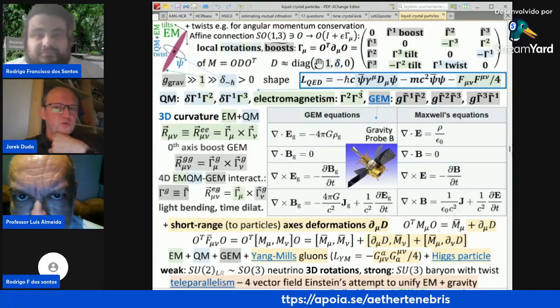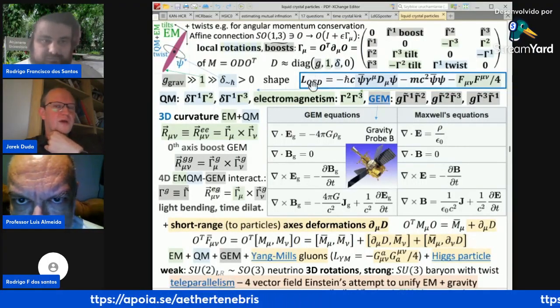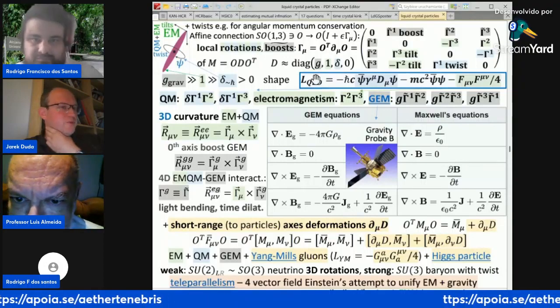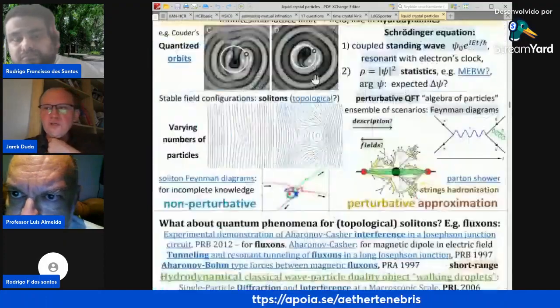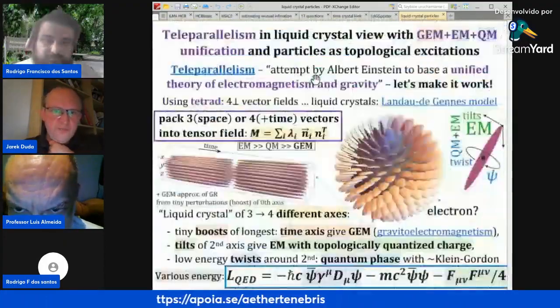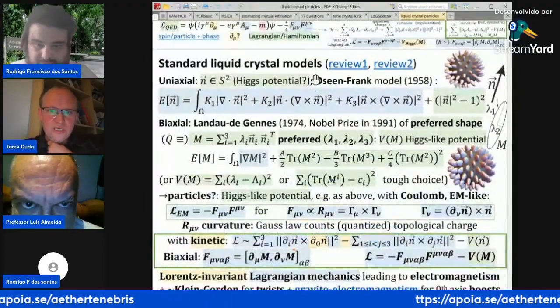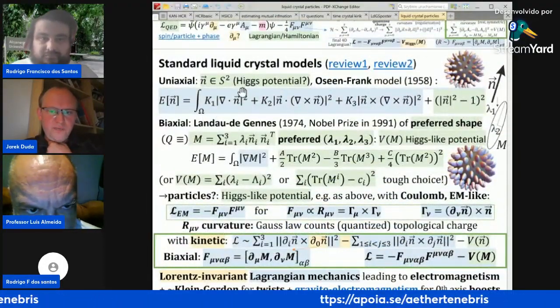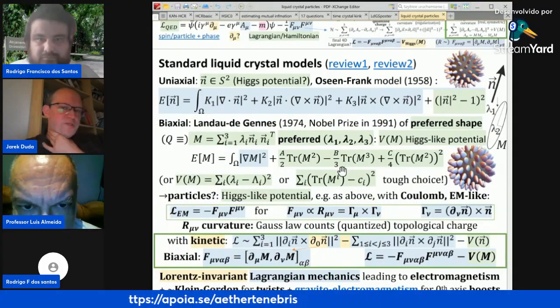So they should correspond to this Planck constant and to gravitational 1 over gravitational, and they should be in the minimum of the potential. And the final potential, so the question is how to choose the final potential. In Landau-de Gennes, here is the original Landau-de Gennes model. They use this kind of Higgs-like potential with traces and powers.